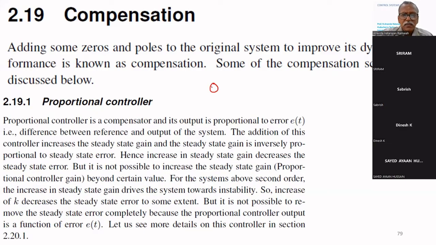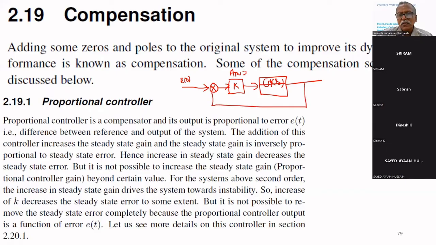In that case, we are putting an amplifier, whose gain is K, in series with the original system, 1 upon G of s. This is called proportional compensation, or proportional error compensation.